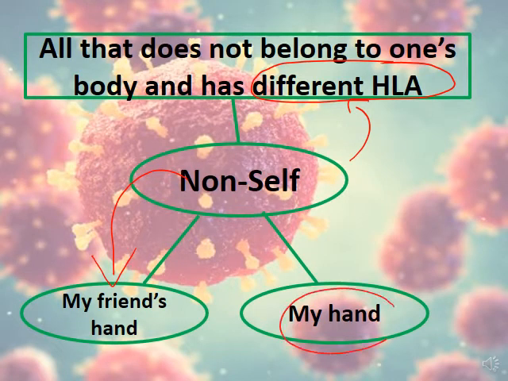Non-example: my hand, which is an example about the self. So here we have the definition of the self and non-self. You have to know them. Self, all that belongs to one's body and they have the same HLA. Non-self, all that does not belong to one's body and they have different HLA.